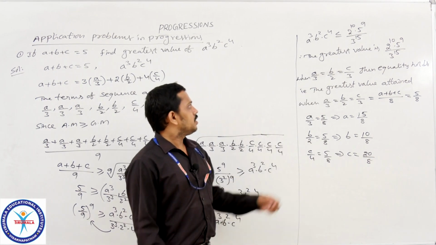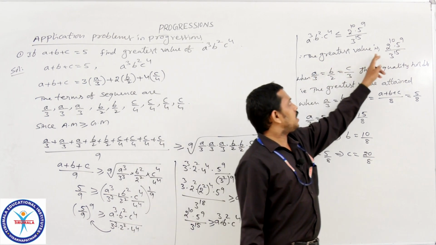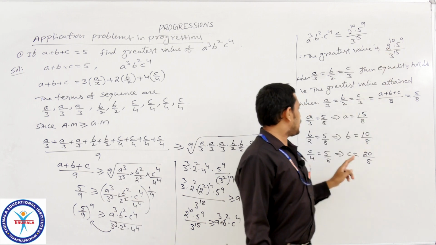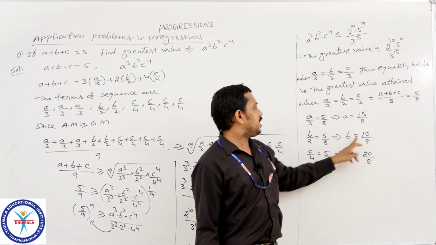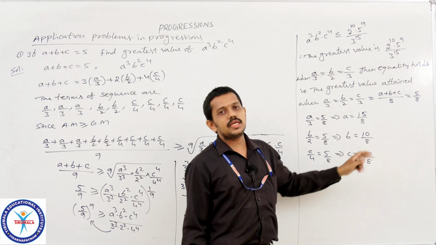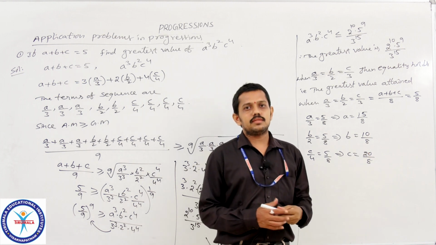So therefore, this greatest value will be attained when a is equal to 15/8, b is equal to 10/8 and c is equal to 20/8.